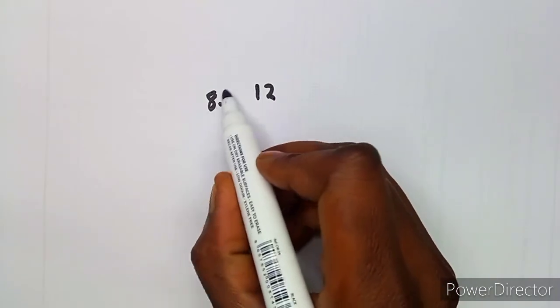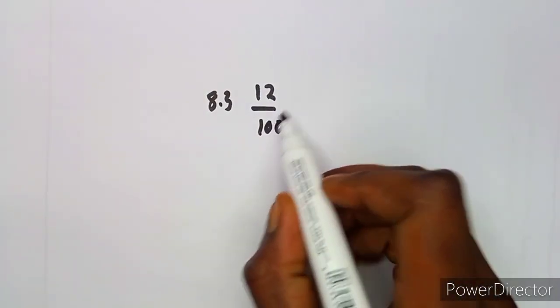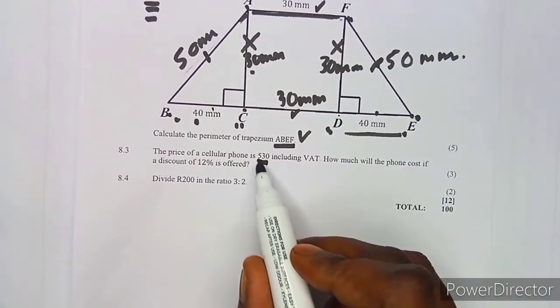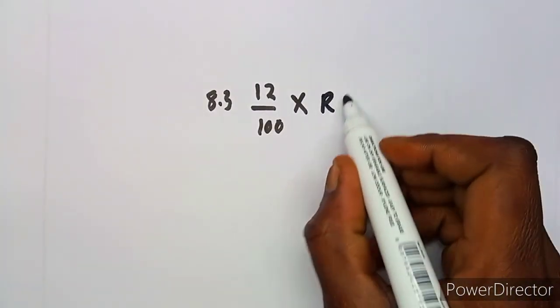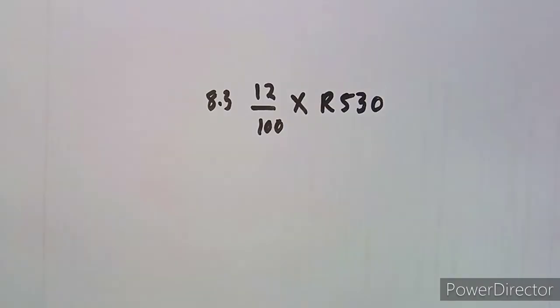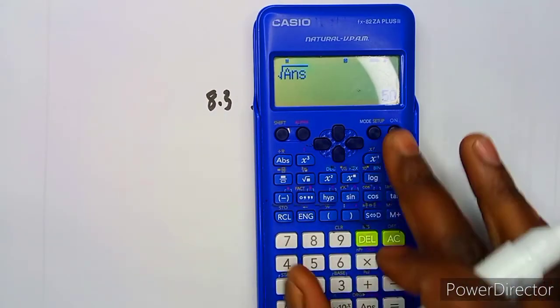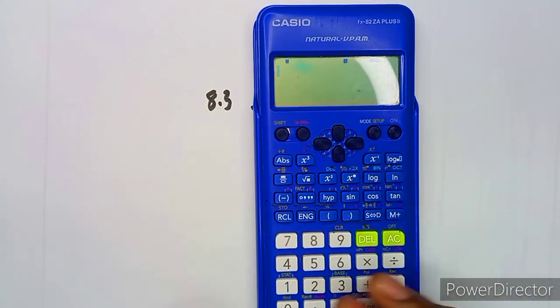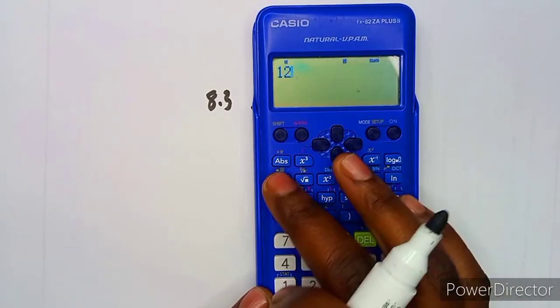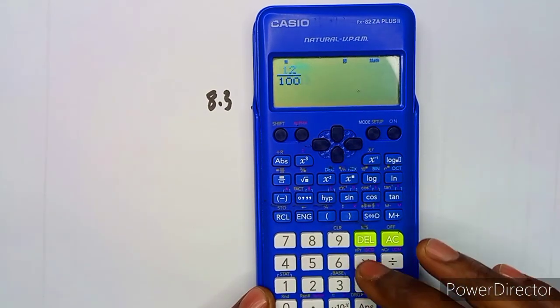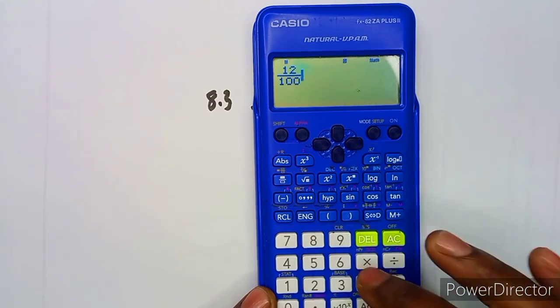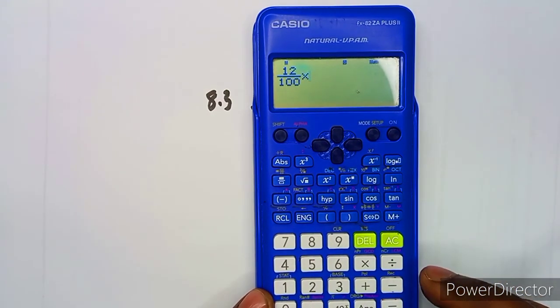That's 12 over 100 times the amount, which is 530 rand. So it's 12 over 100 times that value, or 0.12. It's one and the same thing, times 530.